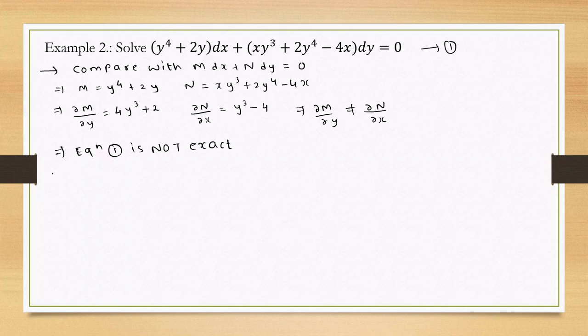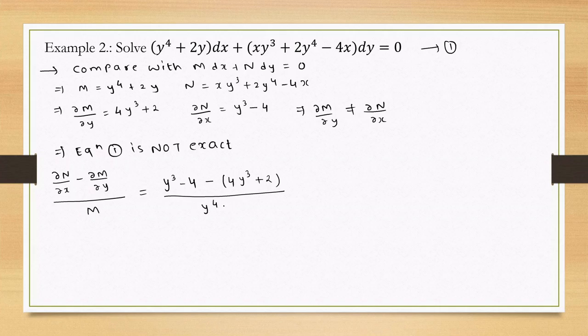here first of all you calculate (∂N/∂x − ∂M/∂y) upon M. So what is ∂N/∂x? It is y cube minus 4, minus ∂M/∂y, which is 4y cube plus 2, divided by, what is M here? y raised to 4 plus 2y.